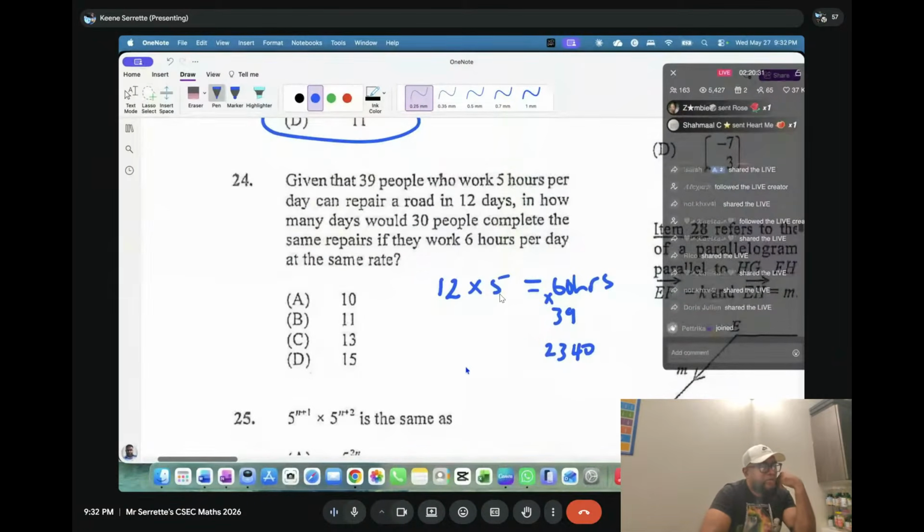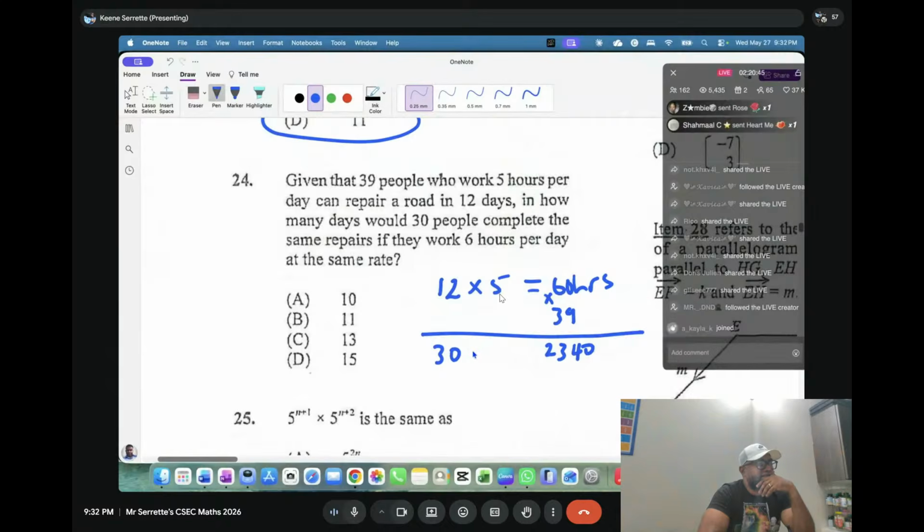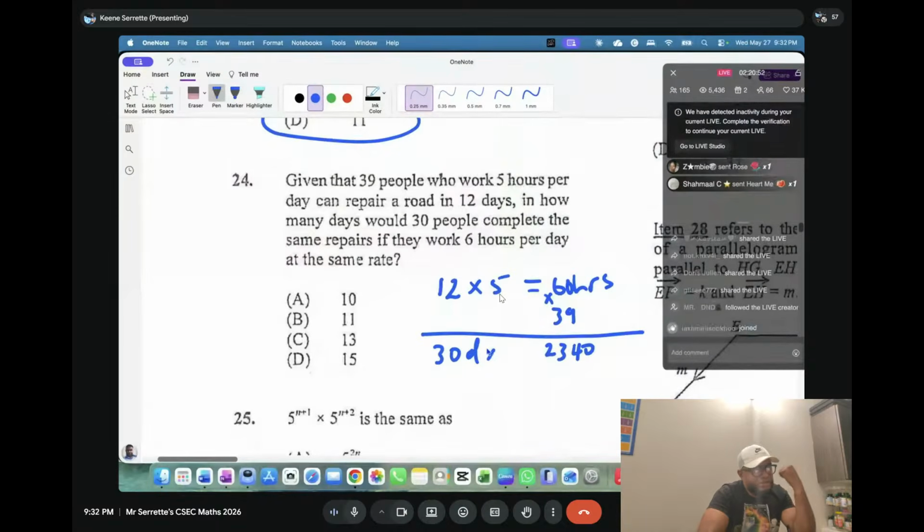And what do we need to do next? 30 people multiplied by the days, 6 hours per day, so 180 multiplied by d, which is the number of days, is equal to 2340. So what do we do?